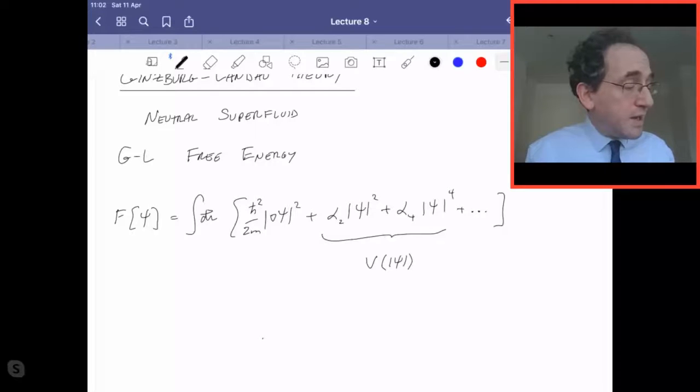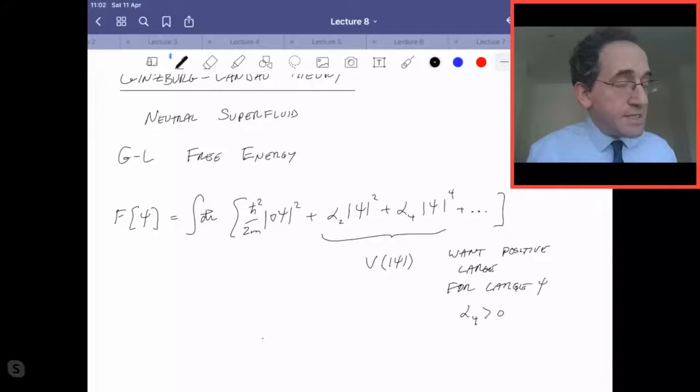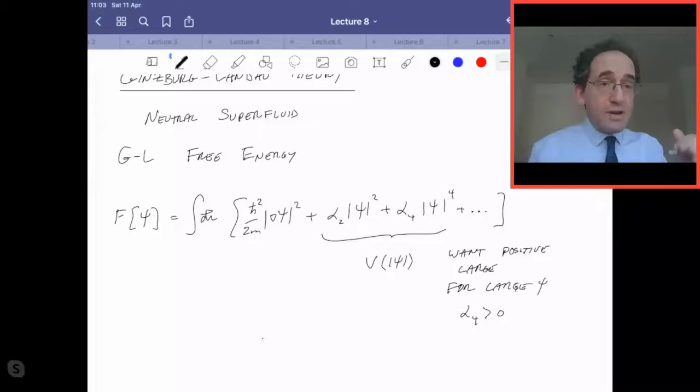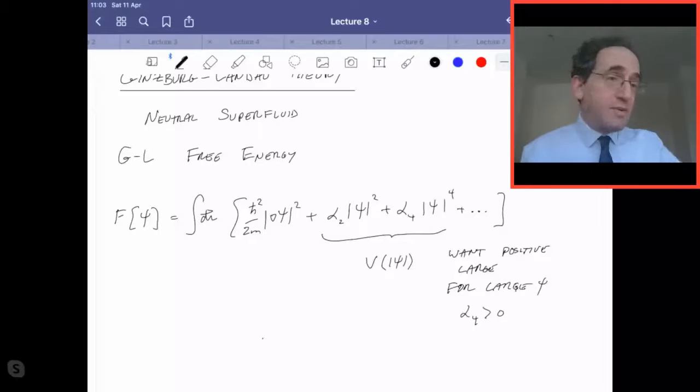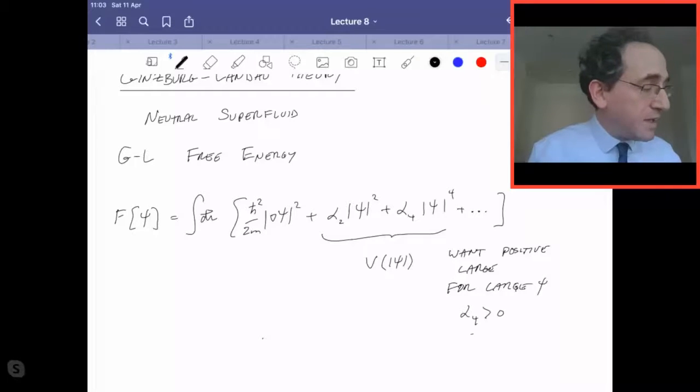We do want V to be positive and large for large psi. And for that to be true, we need alpha 4 to be greater than 0. If alpha 4 was less than 0, then V would get very negative for large psi, and the lowest energy solution would be for psi to just blow up, and we can't have that. So for stability, we want alpha 4 to be greater than 0.